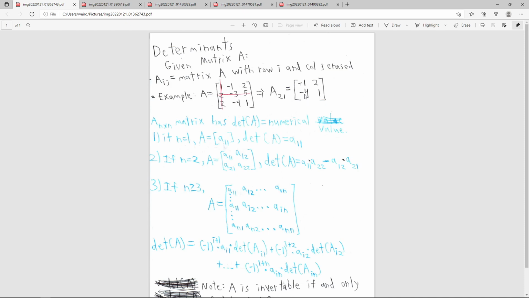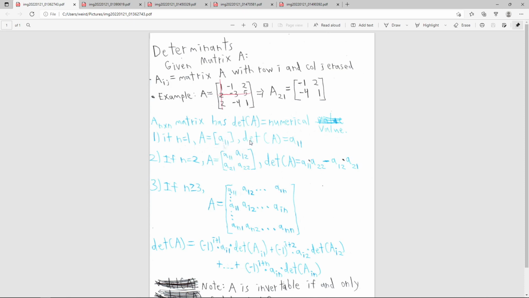And with determinants, this is important. A square matrix is n times n, so n rows, n columns, and has a determinant of A equal to a numerical value. If n equals 1, the determinant is literally just the only entry in it. Determinant A equals A11.